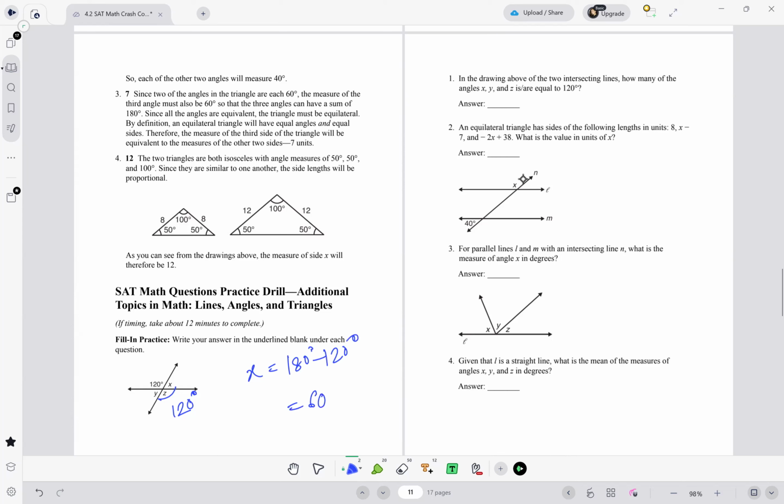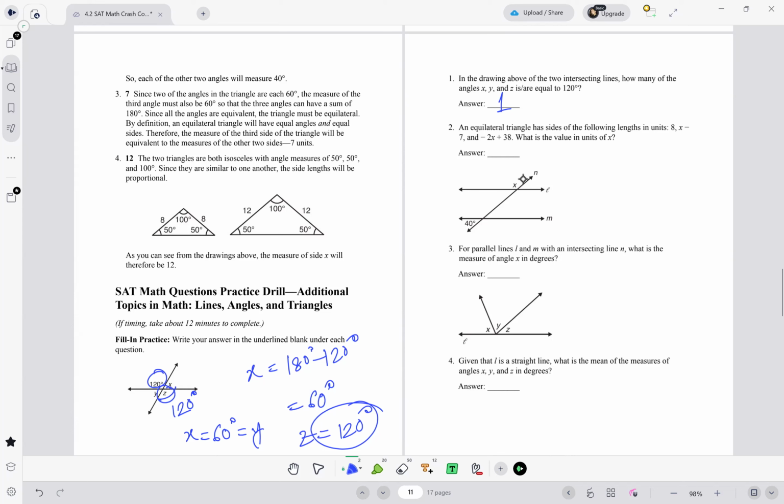This is basically 60 degrees. So x equals 60 degrees, which equals y. But for z, we have 120 degrees, because angle z and the 120 degrees are vertical angles. So we can tell that we have only one angle that is equal to 120 degrees.